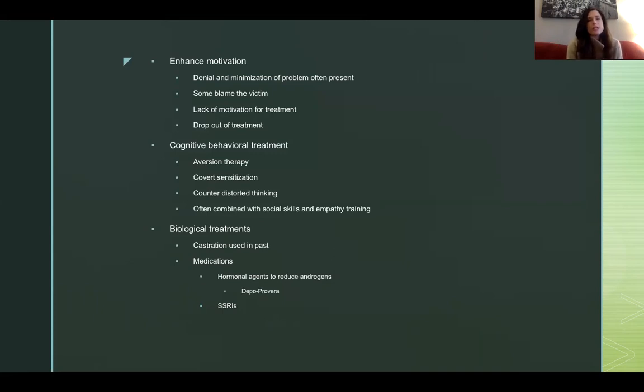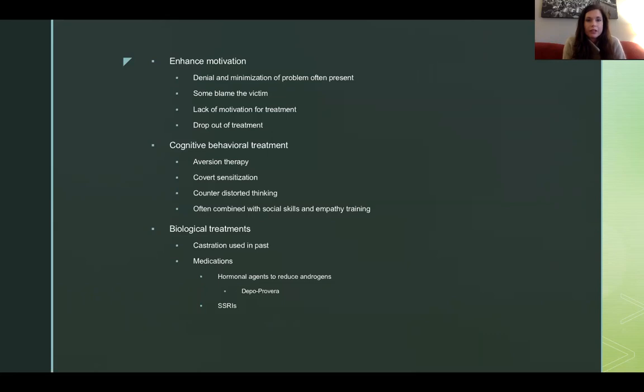So what can we do to treat this? We can enhance motivation, CBT treatment, and we can use biological treatments such as medications. You can enhance motivation. So challenge all of these justifications, and try to, if there's motivation, there's got to be internal motivation to work on this.